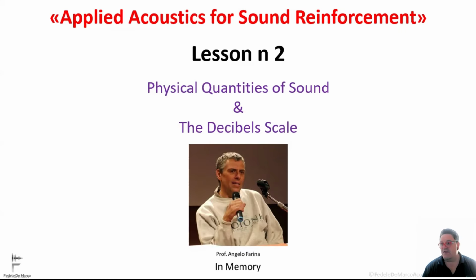The quantities of sound field, and sound in general, that we can describe are these five. The first two are so-called field quantities that are related to the characteristics of particles of the medium. The other three are instead energetic quantities related more to the energy aspect of the sound phenomenon, to the energy that travels in the medium or that stays in the medium in space.